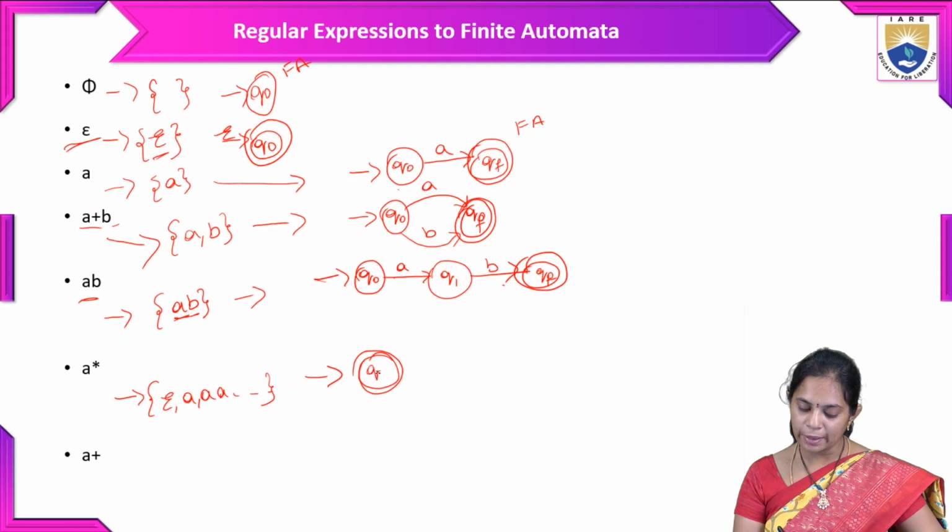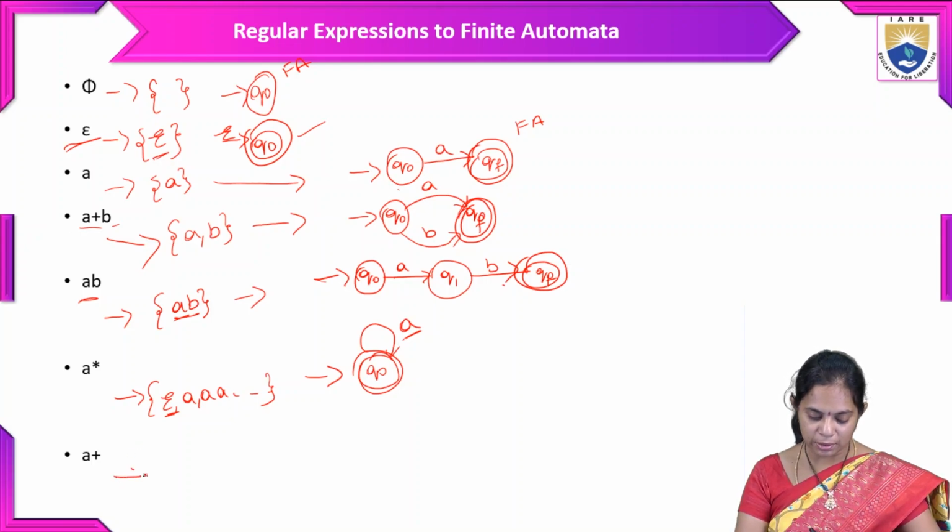For a, it is reaching the final state with the a input symbol. This final state also represents the epsilon symbol, so the first condition is satisfied here. Along with the epsilon, a is repeating any number of times. There are no other states involved in this a star.